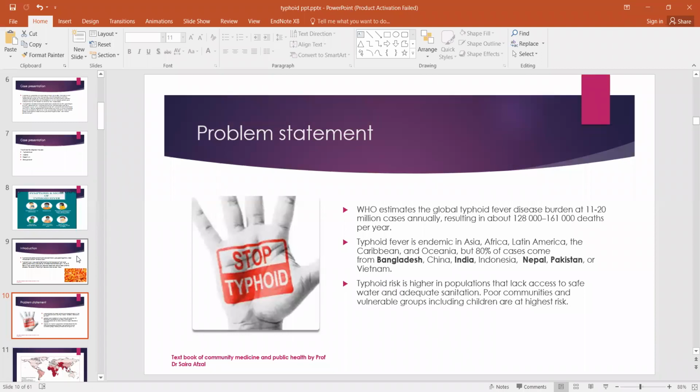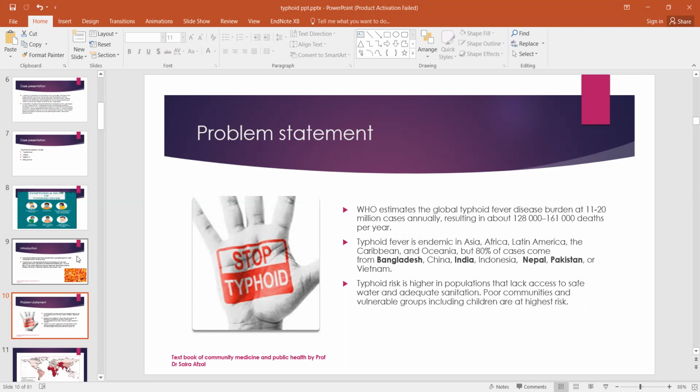What is the problem statement of typhoid fever worldwide? WHO estimates the global typhoid fever disease burden at 11 to 20 million cases annually, resulting in about 128 to 161 thousand deaths per year. Typhoid fever is endemic in Asia, Africa, Latin America, the Caribbean, and Oceania, but 80% of cases come from Bangladesh, China, India, Indonesia, Nepal, Pakistan, or Vietnam.